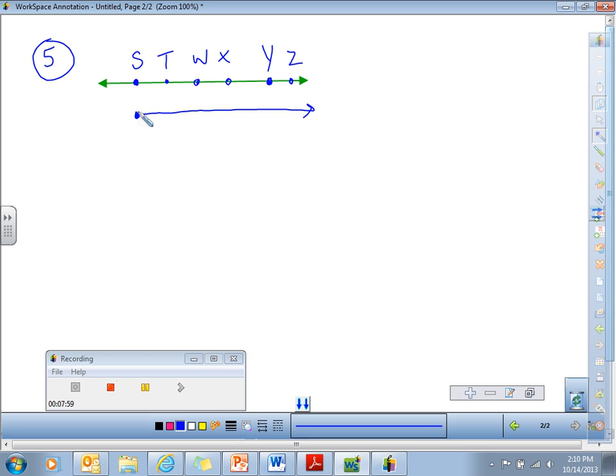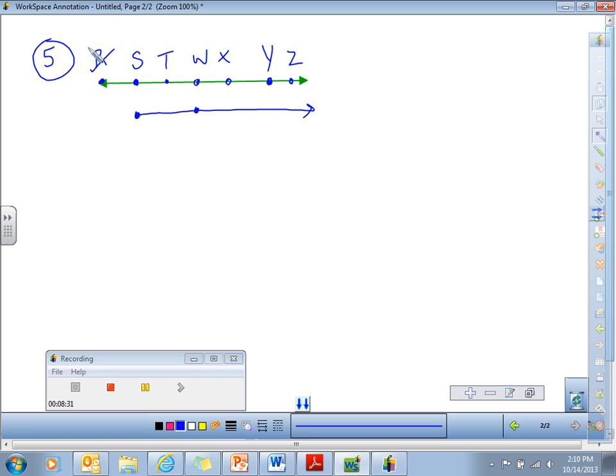Okay, ray SY starts at S, goes through Y, and keeps going forever. So it says the point that is 3 units from W. So here's W, and if I counted 3 units this way, I would go 1, 2, 3, and that would be R, but is R on ray SY?